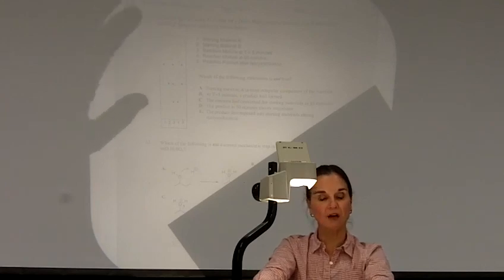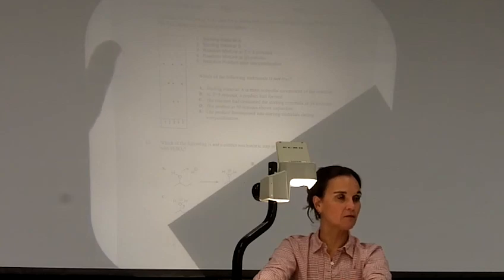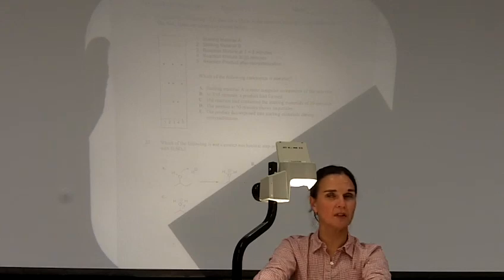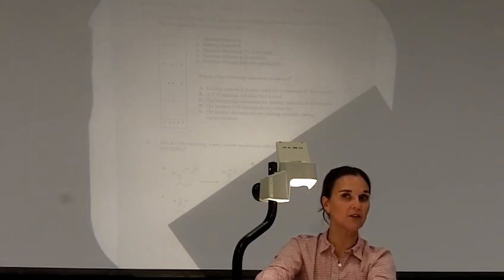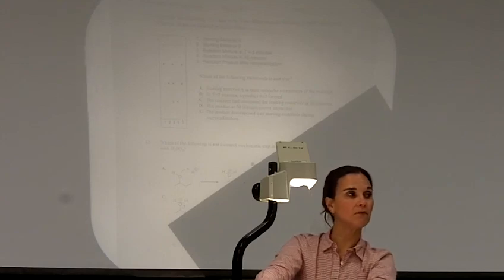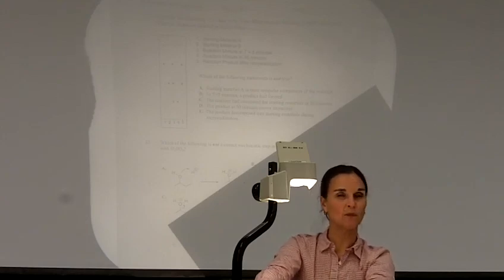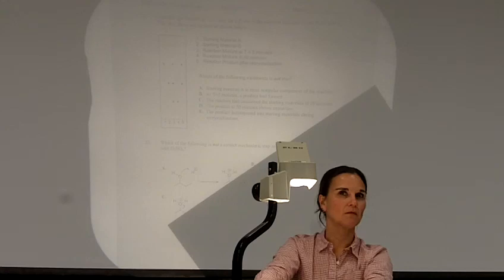Another note about TLC, how did you visualize the TLC plates in lab? UV lamp, right? So what did you need compounds to be to see them under a UV lamp? They needed to be UV active, right? What kind of compounds are really good UV active compounds? Highly conjugated, okay?